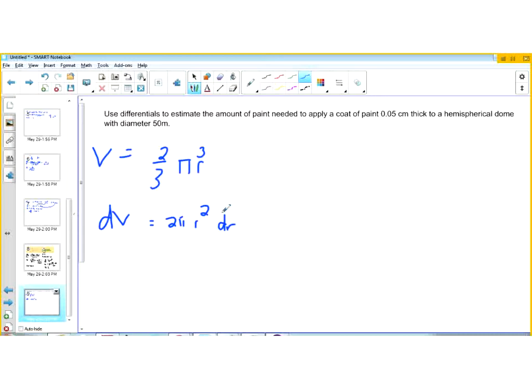So what this means is when we apply this thin coat of paint on the hemispherical dome, we're actually going to increase the effective volume of the hemispherical dome. In other words, the boundary of the hemispherical dome is going to increase by 0.05 centimeters. And so effectively, we're going to have an ever so slight increase in the volume.